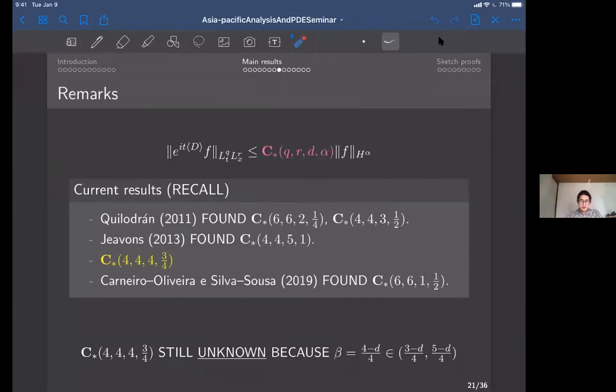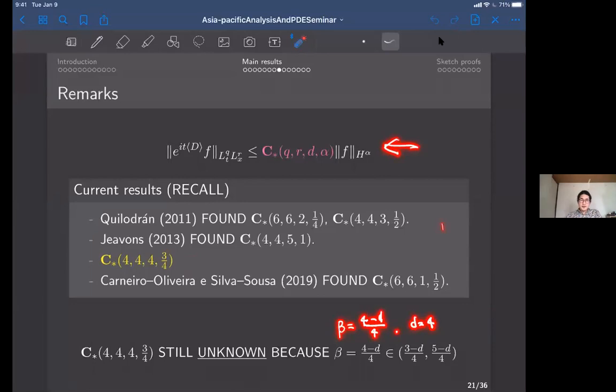So if you want to calculate this, then you kind of need to consider when beta is 4 minus d over 4, then you further let d be 4 so that you kill the null form and you get this, right?